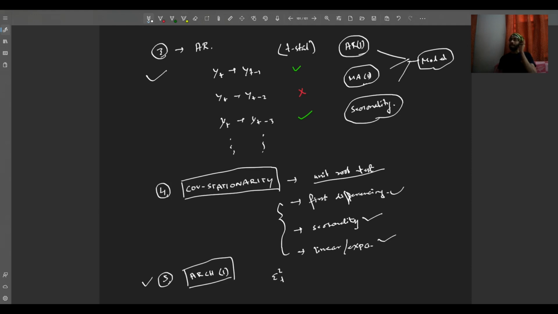So epsilon t square is equal to alpha 0 plus alpha 1 multiplied by epsilon t minus 1 square plus some error. Now, if this alpha 1 is significantly different from 0, we say there is ARCH in the model, right? There is conditional heteroscedasticity in the autoregressive model. If alpha 1 is not significantly different from 0, we say ARCH 1 is not there. So we are good to go.